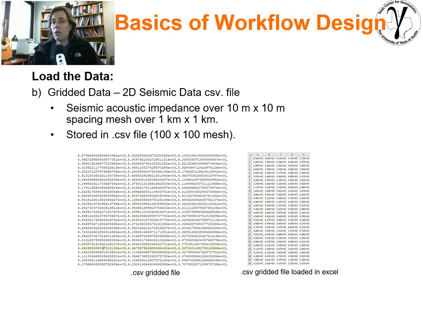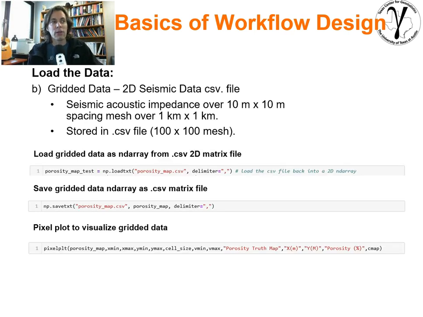So now how do you load that comma delimited two-dimensional matrix into your Python workflow? Very straightforward. A single command right here where we tell it loadtxt, put the name of the file, which is that CSV file. We just have to indicate what the delimiter is.